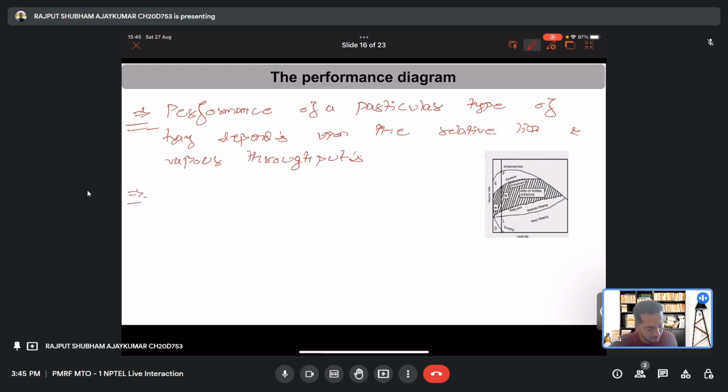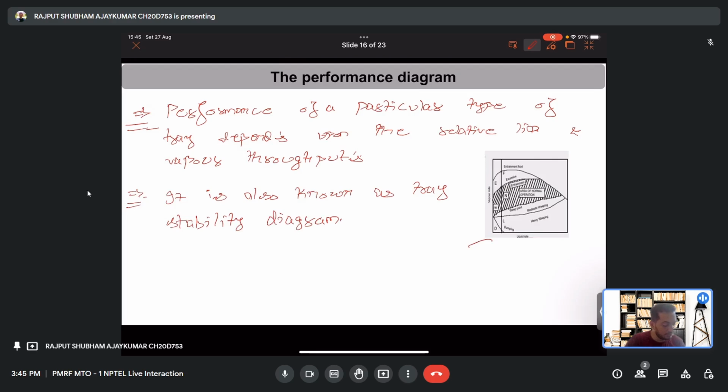And it is also known as the tray stability diagram. Okay, so these are the different terms.